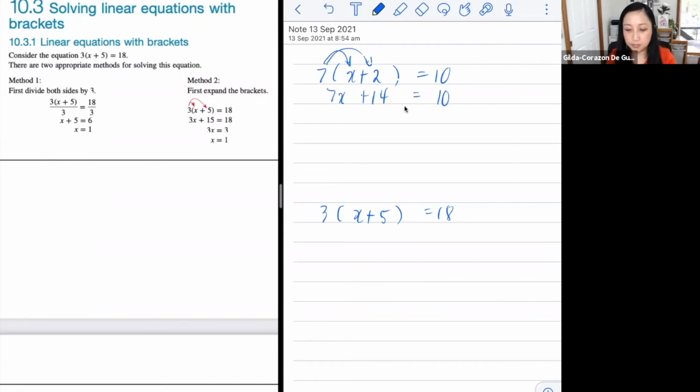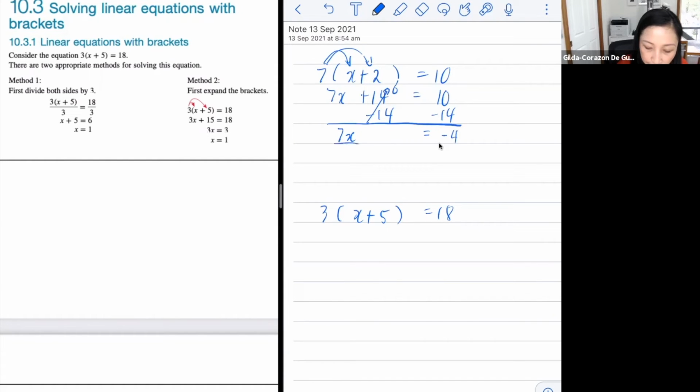And it's not writing properly because it's charging. So then we want to get rid of the 14 by minusing 14, minus 14 here. And therefore we have 7x equal to 10 minus 14, which gives you negative 4, okay? And now you've got 7x equal to negative 4.